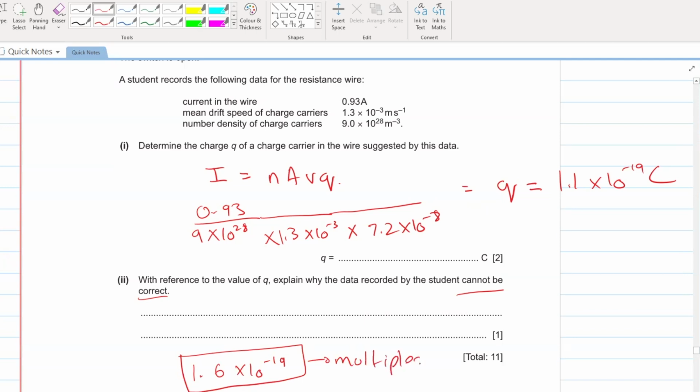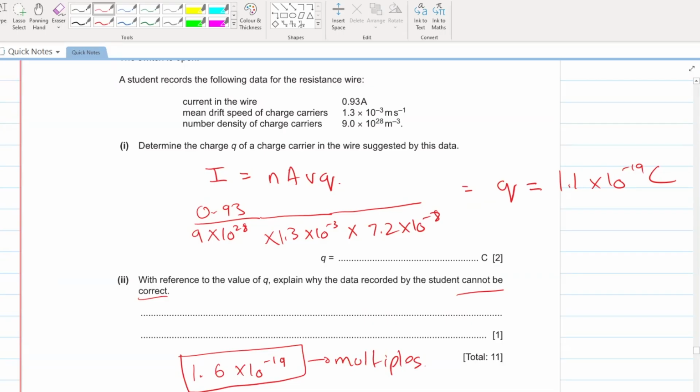Charges are in multiples of 1.6 into 10 raised to the power of -19 coulombs. This is not a multiple of 1.6 into 10 raised to the power of -19 coulombs. Hence this cannot be the value of charge, hence the value recorded by the student is incorrect.